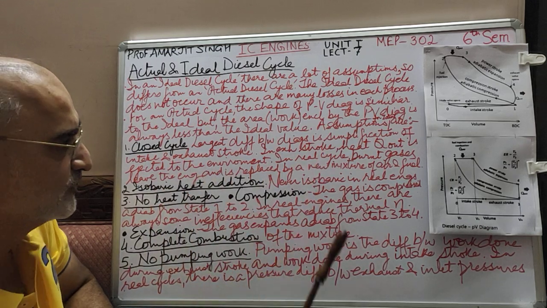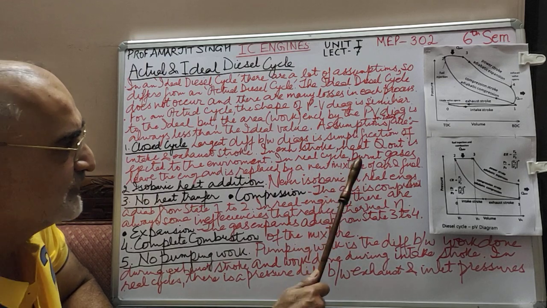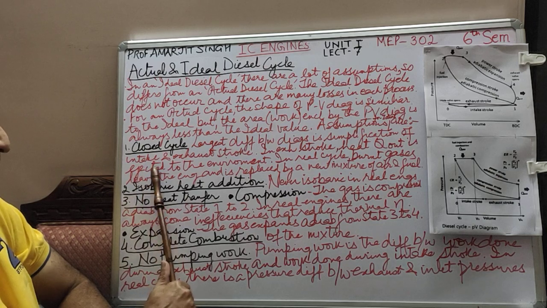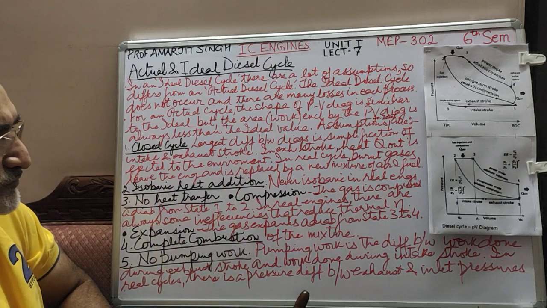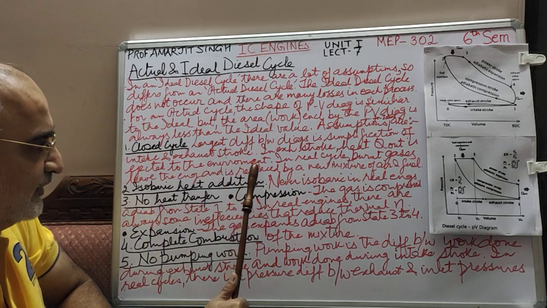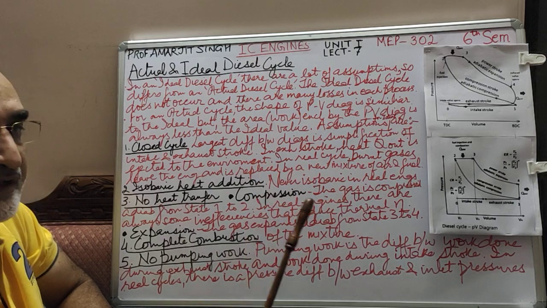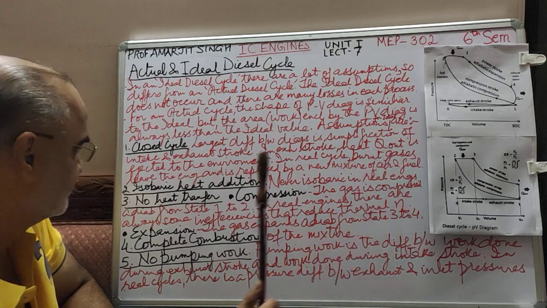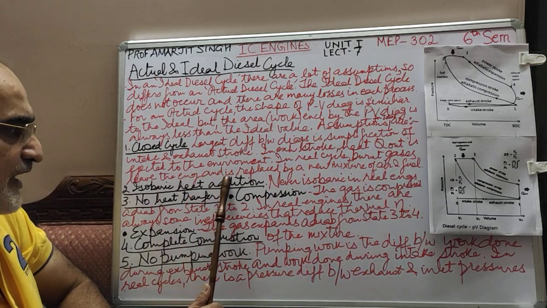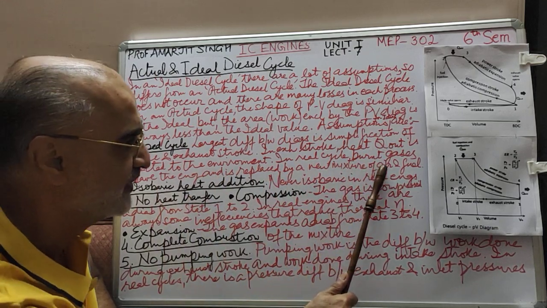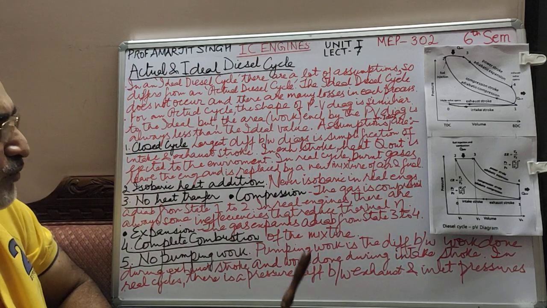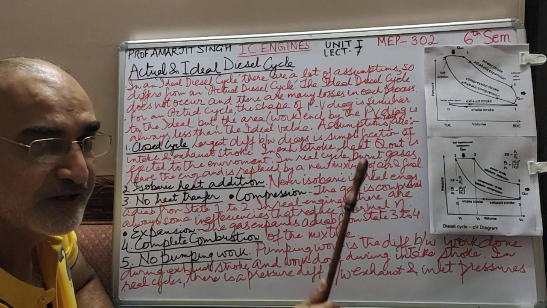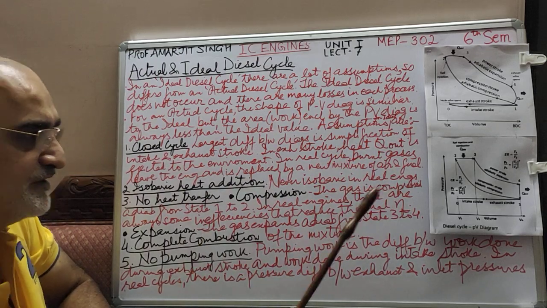In the exhaust stroke, heat is rejected to the environment, but actually in real cycles the burnt gases leave the engine and are replaced by a new mixture of air and fuel. Whereas in the ideal cycle, it's closed, that means the same air keeps repeating, that is the assumption made.